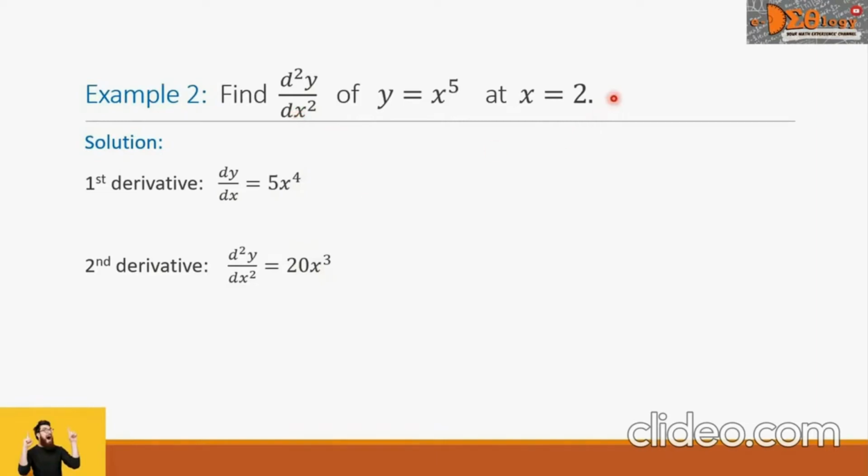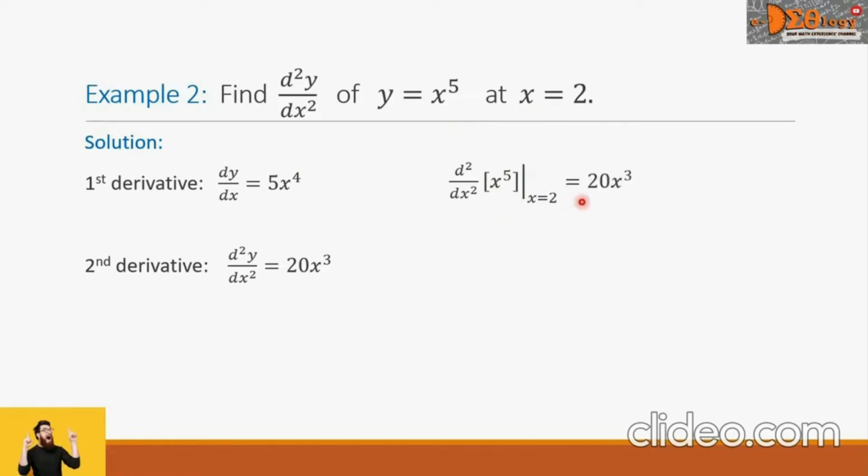For our problem here, we can write this in symbol as d squared over dx squared of the function x raised to 5. And we put a line here, and the subscript is that x equals 2. This is about the second derivative, and we are going to evaluate it when x is equal to 2.